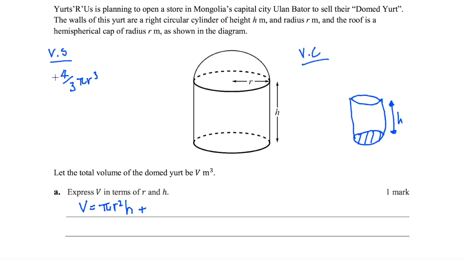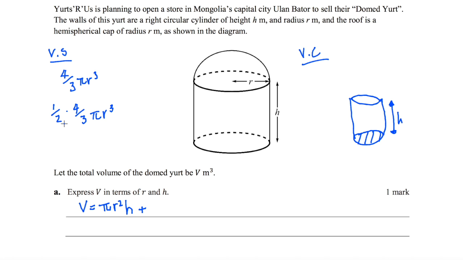If you're not sure why that is, I'll put a link in the description about why that is. It's to do with pyramids, and it's a pretty straightforward proof if you want to have a look at it. But we've only got half a sphere, so we're going to times that by a half. So it's a half times 4/3 pi r cubed.